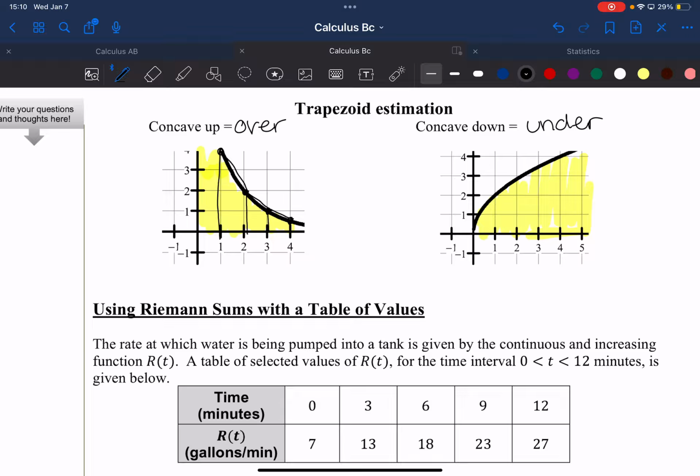So I would make that emphasis in your notes that you do see that the line goes a little over. Versus an under, where it is not going to go above that function, but stay completely under that curve.